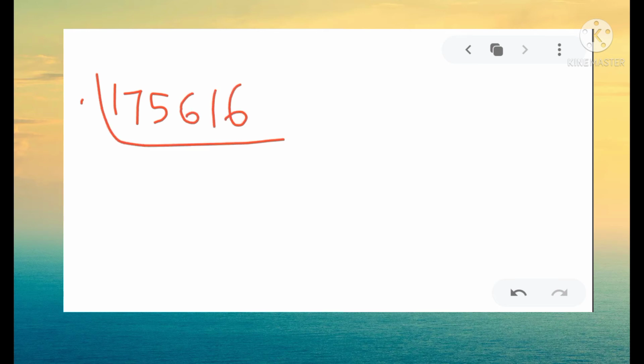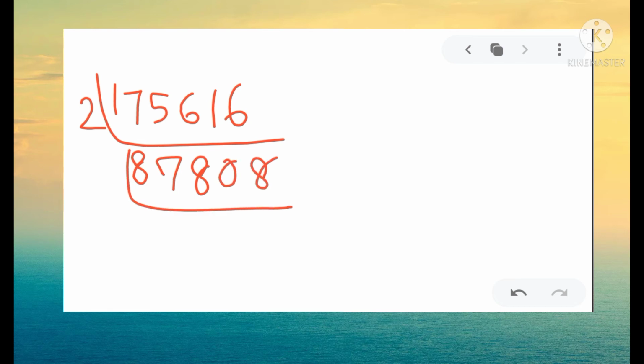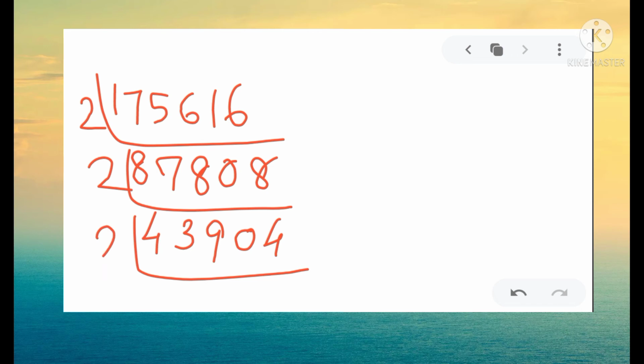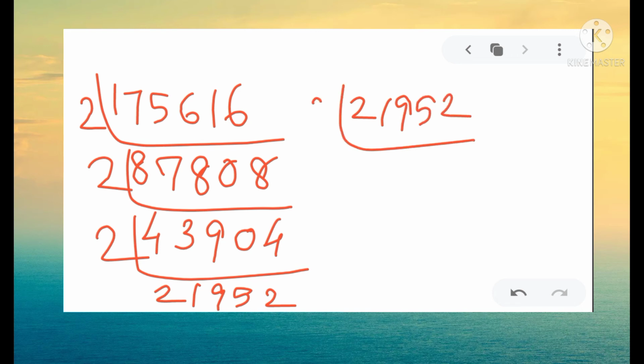Let us look into the next question. 175,616 by 2, 8, 8 2s are 16, 7 2s are 14, 8, 0, 8 by 2, 4, 3, 9, 0, 4. Again by 2, 2 in 3, 1, 9, 10, 5, 2. Then 2, 1, 9, 5, 2 by 2, 1, 0, 9, 7, 6.